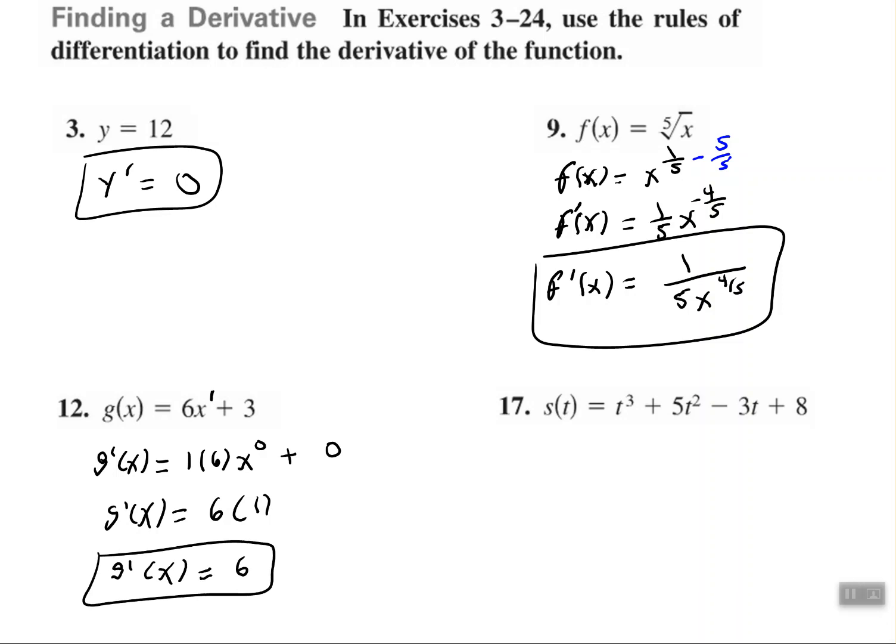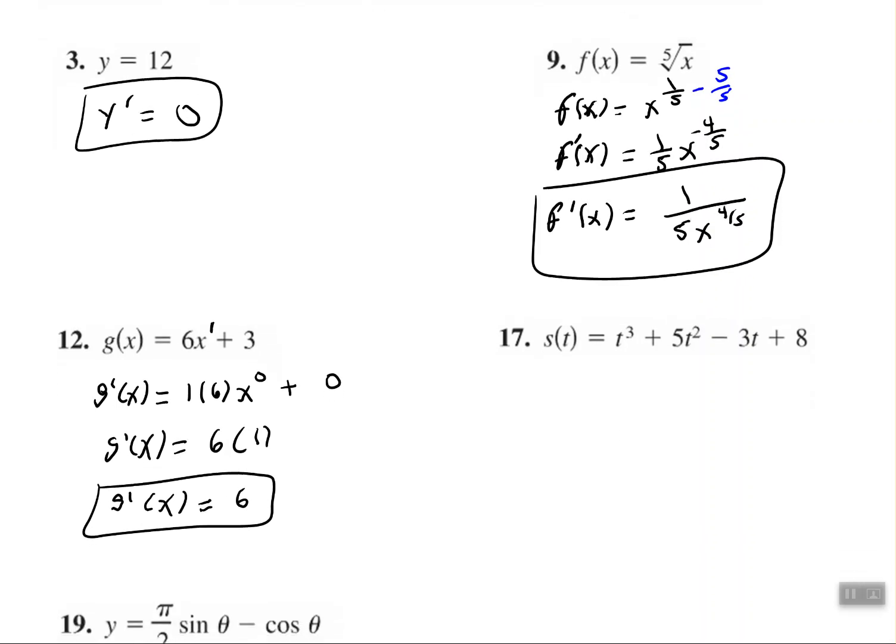Alrighty, number 17 here we have s of t equals t to the third power plus 5t squared minus 3t plus 8. Again, all you need to do is find the derivative of each one of those. We're going to use the power rule on the first three terms, and on the last term we're going to use the constant rule.